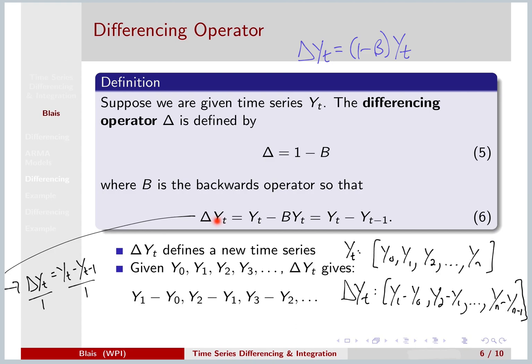So this is how y_t is changing, and time is changing from time t minus 1 to t. So you can think of this as delta y_t over delta t, it's y_t minus y_(t-1) over delta t. And so you can think of this as differentiating a time series based on the idea of writing this delta y_t as a difference quotient where the delta t is in fact equal to 1.